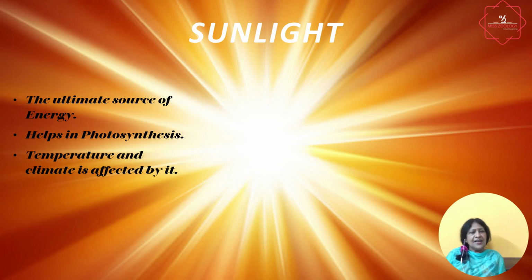This is sunlight. Sunlight is the ultimate source of all energy. It helps in photosynthesis for green plants. It also helps to maintain the temperature and also affects the climate of a place.